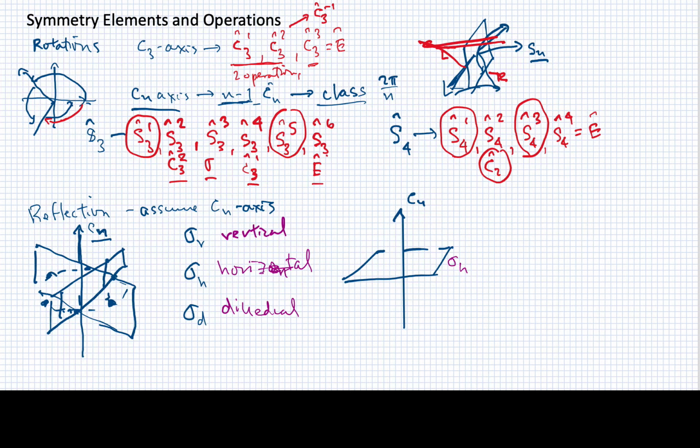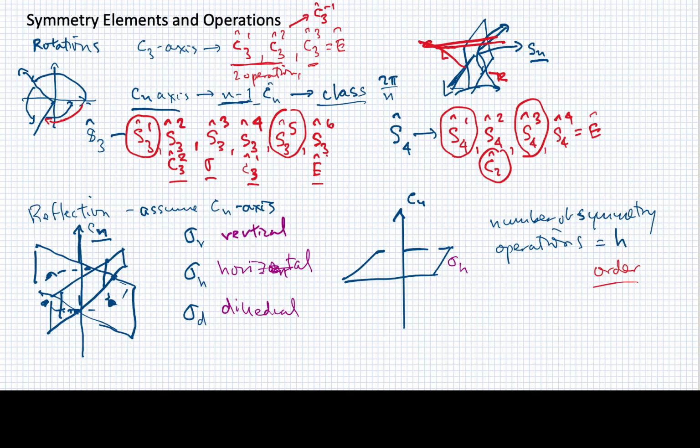Now the reason why we're worried about this number of operations is that the number of operations itself is a number that we need to pay attention to. The number of symmetry operations we're going to set equal to a number that we'll call h, and that h stands for the order of the symmetry.